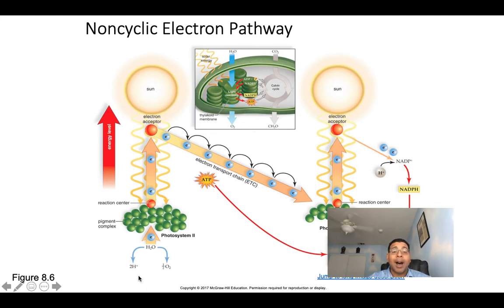The hydrogen ions are going to stay in the thylakoid space, and they are going to contribute to the formation of a hydrogen ion gradient. As shown in the overall chemical reaction for photosynthesis, water is used up and oxygen is produced.